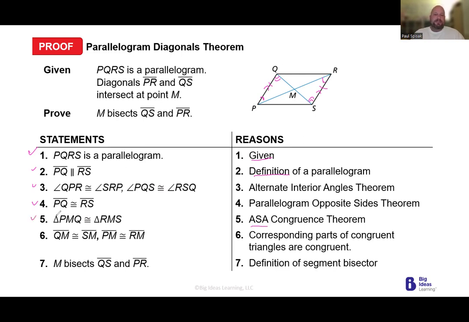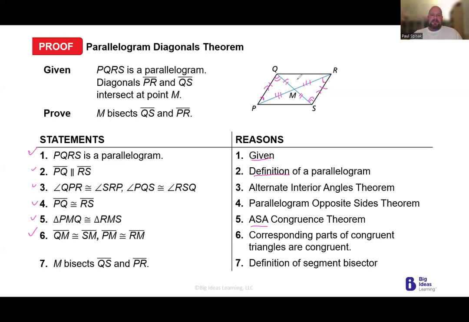And once the triangles are congruent, all of the corresponding pieces are congruent. So QM is congruent to SM, and PM is congruent to RM.